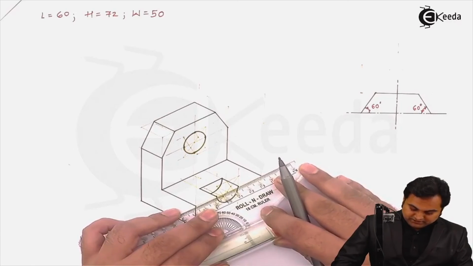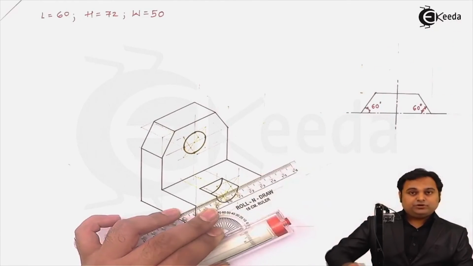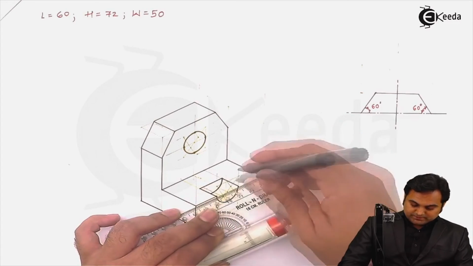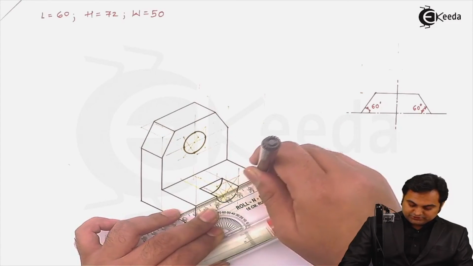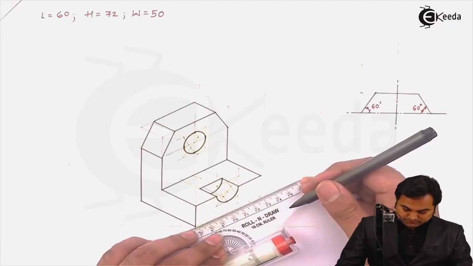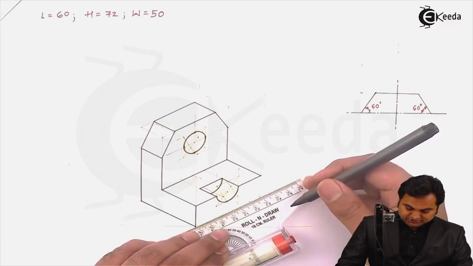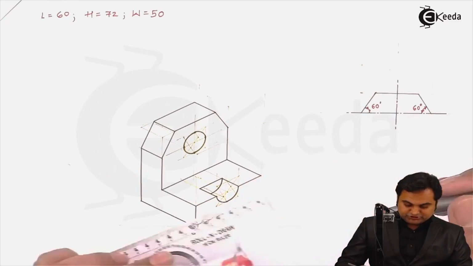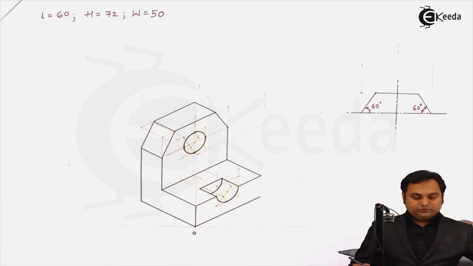So these lines are connected as I am showing here. This is a continuous line, and these are continuous surfaces, 3D surfaces, because we are drawing isometric projections or isometric views.